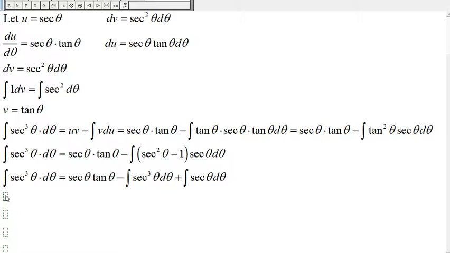And then the left side is this. The left side has the integral of secant to the third. The right side also has the integral of secant to the third. So we move this term to the left side. Remember that when we move a term, if it's minus on the right, it becomes plus on the left.